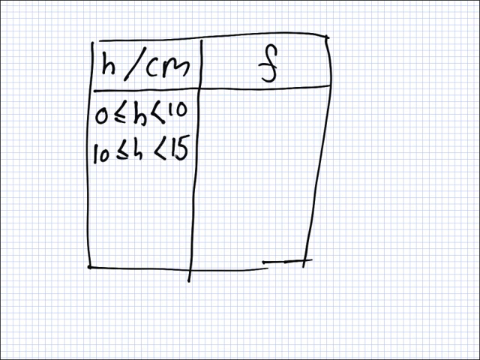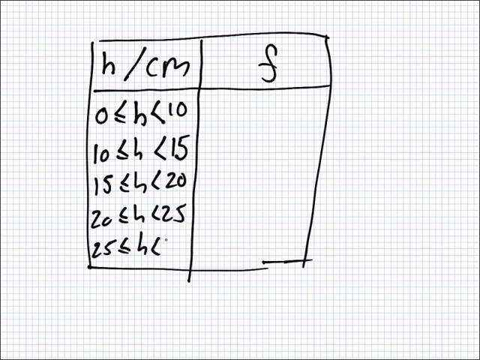Now you notice straight away the bars don't have to be the same width. 15 to 20, 20 to 25, and then 25 up to 35. Okay, and we'll say 1, 3, 5, 3, 1 as the frequencies. You don't have to decide on what class width to use.